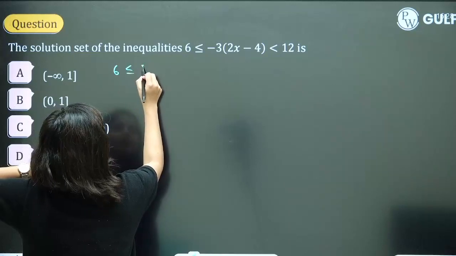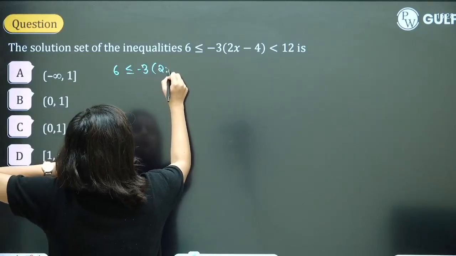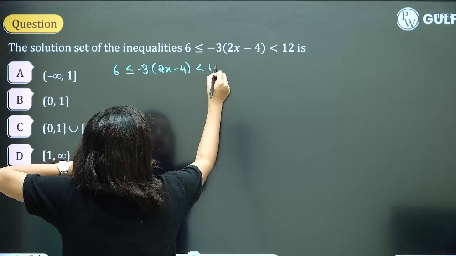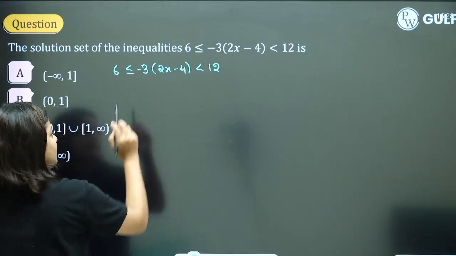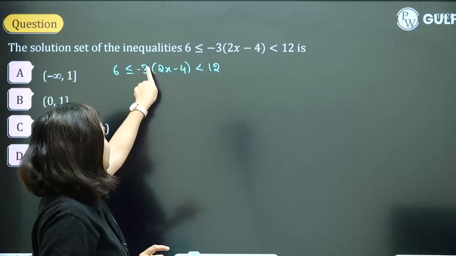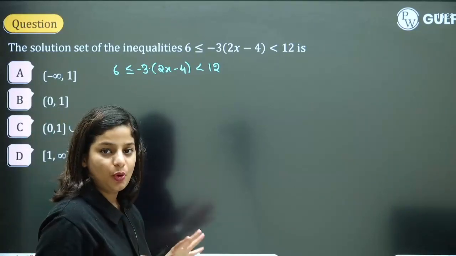6, then here it is minus 3. You're going to learn a lot of things, so pay attention. Guys, first thing, this minus 3 is a problem. Multiplication by minus 3 is a problem. Get rid of it.